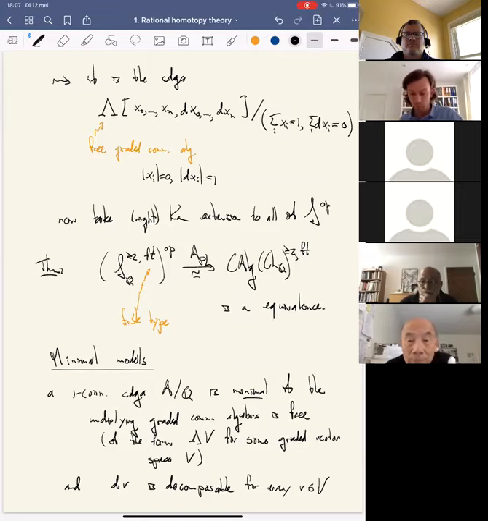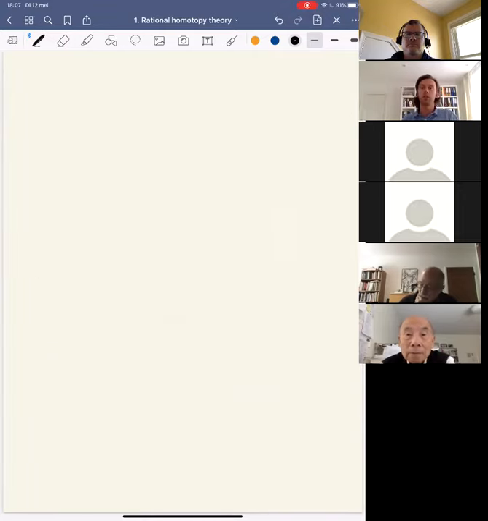So these minimal algebras, these minimal models, will be useful because they're very small and you can explicitly determine them in practice. So let me list a couple of facts.